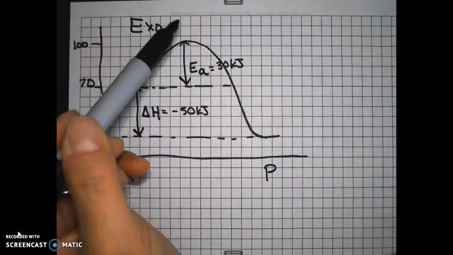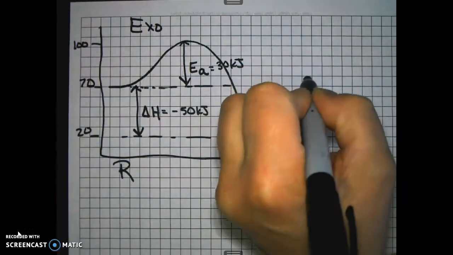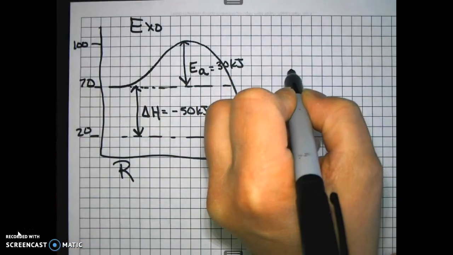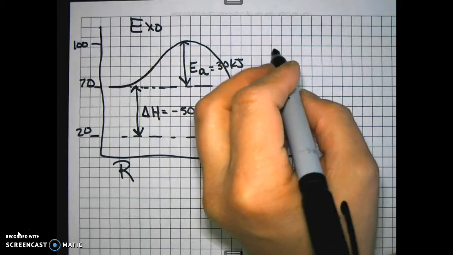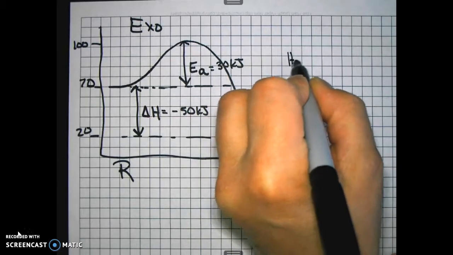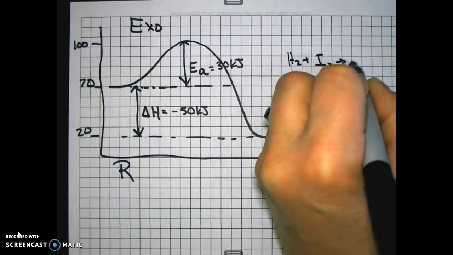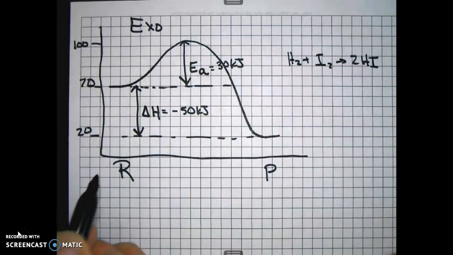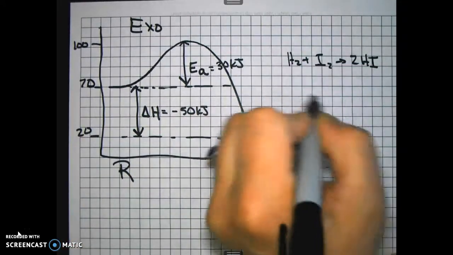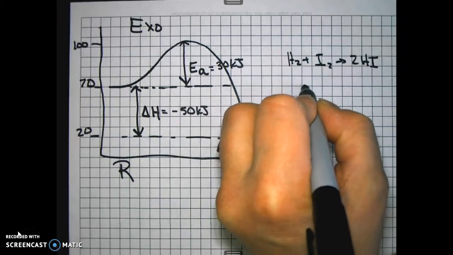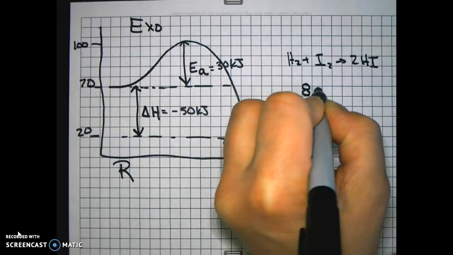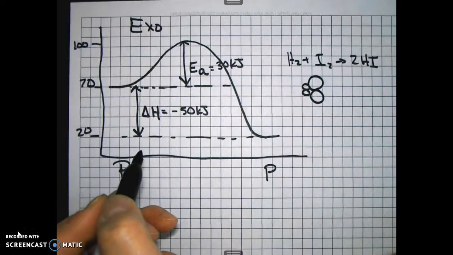If you think about the one reaction that we talked about in class when we were looking at the molecular collision theory, I said the H2 plus I2 yields 2HI reaction we were talking about, remember? And we said very simply, if this could happen in one step, it would have to happen something like this.